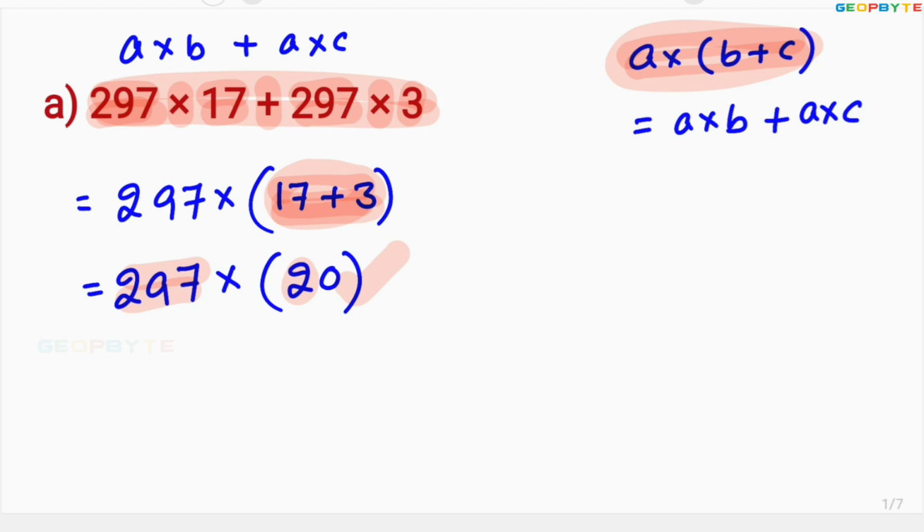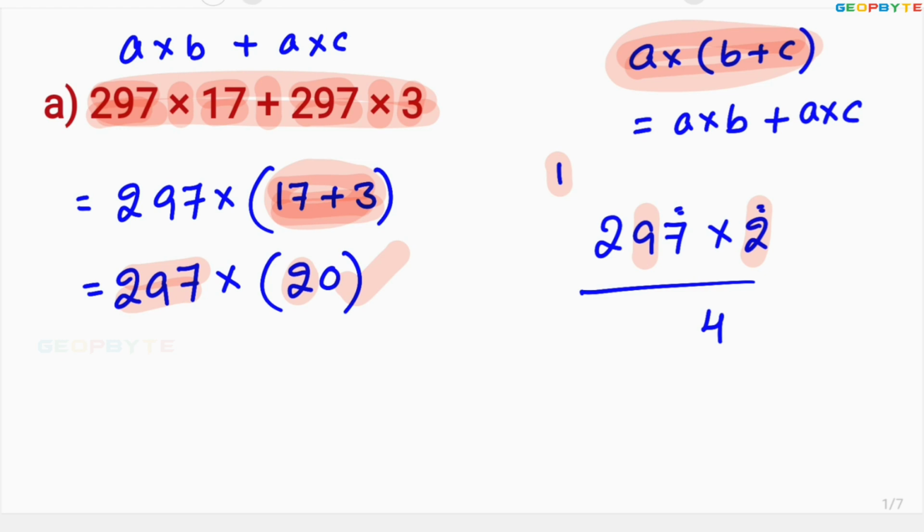Let us do that part. 297 multiplied by 2: 2 multiplied by 7 equals 14, write 4, carry 1. 2 multiplied by 9 is 18 plus 1, 19, write 9, carry 1. 2 multiplied by 2 is 4 plus 1, 5.